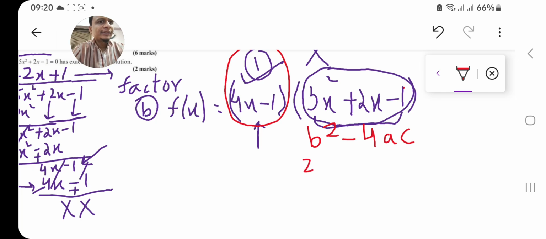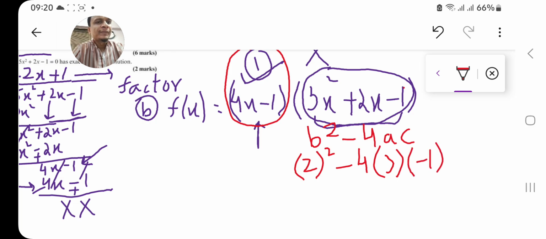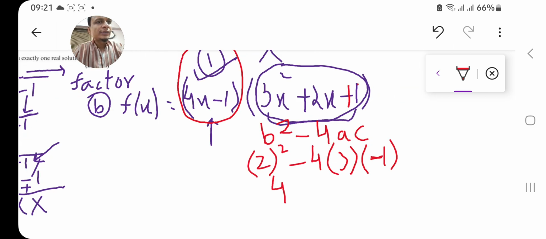Here b is 2, so 2 square is 4, minus 4 times 3 times c, which is minus 1, so this is plus 12. Wait, 4 minus 12 gives minus 8, and minus 8 is less than 0, and whenever the discriminant is less than 0, there is no real solution.